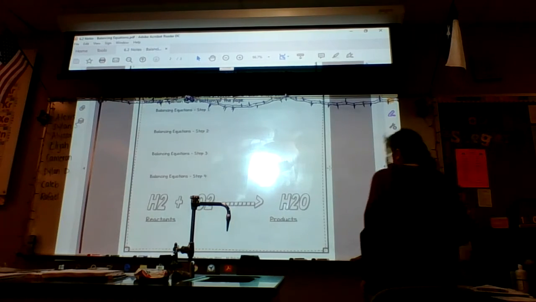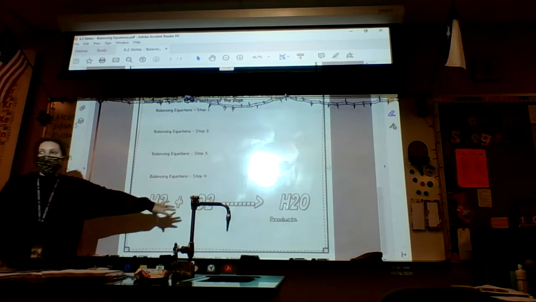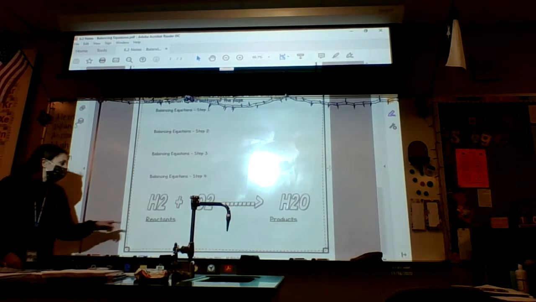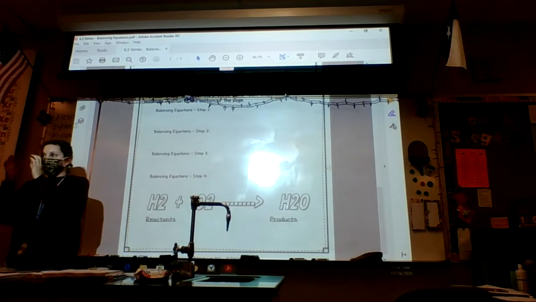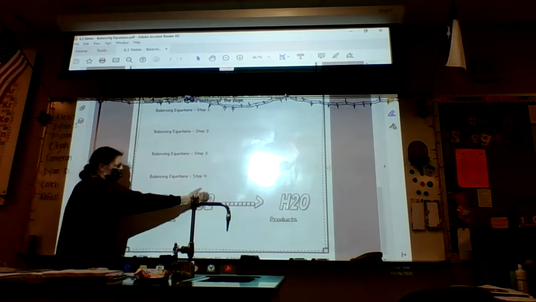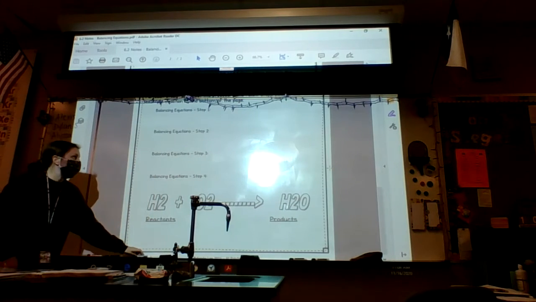Okay, so as I do step 1 up here, I'm going to write it on our example down here. One thing I need to point out is that these are subscripts because they're behind them. I just forgot to make them littler. So this is a subscript, and that 2 right there is also a subscript. Don't get confused on that.